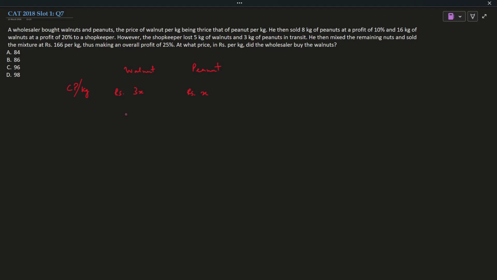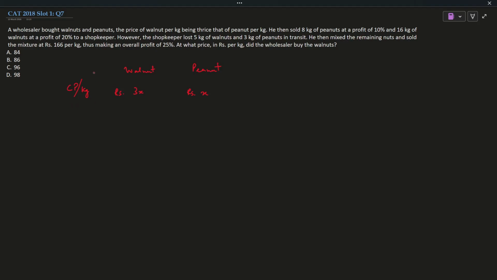He then sold 8 kg of peanuts at a profit of 10% and 16 kg of walnuts at a profit of 20% to a shopkeeper. Okay, a wholesaler bought this much. While selling, he sold 8 kg at a profit of 10%.